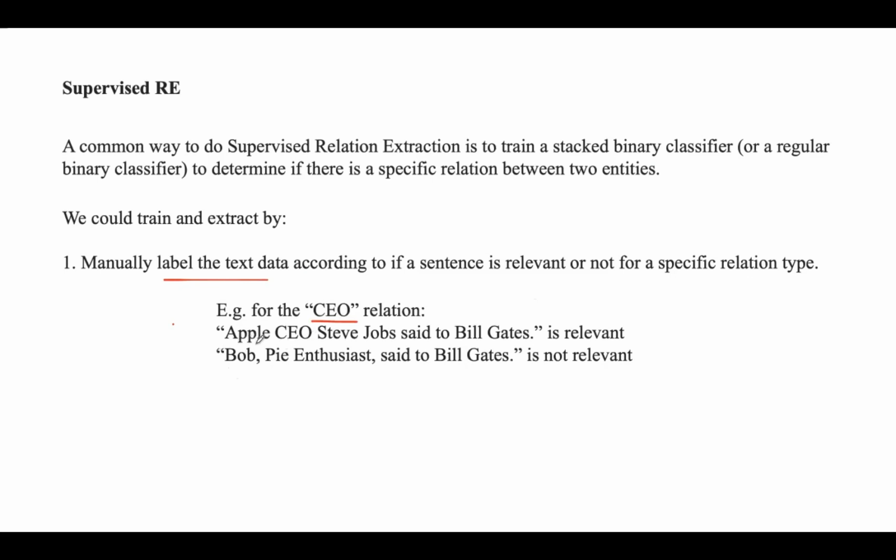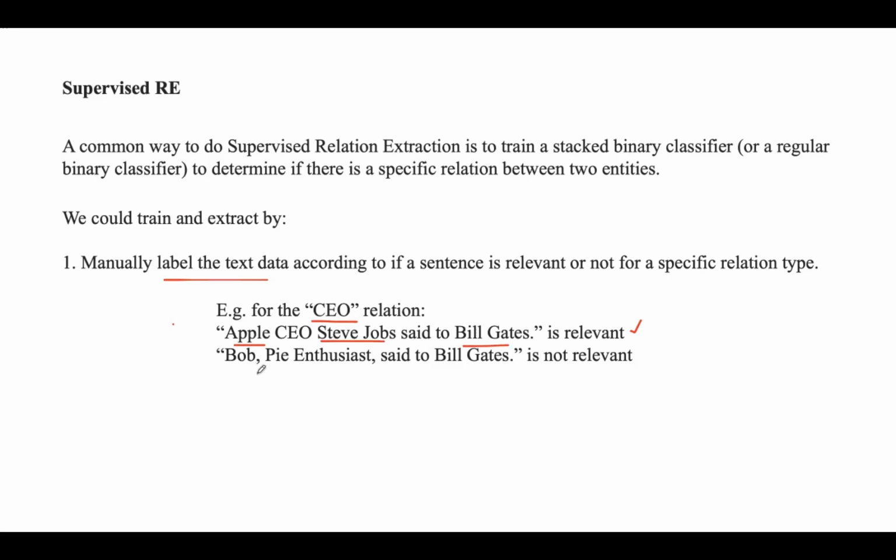Coming to the first sentence, Apple CEO Steve Jobs said to Bill Gates. In this sentence, the relation is CEO. Steve Jobs is a CEO as well as Bill Gates is also a CEO, so the relationship between them is CEO. That is a relevant relationship. Both are CEOs, so you can use the relationship CEO between these two entities.